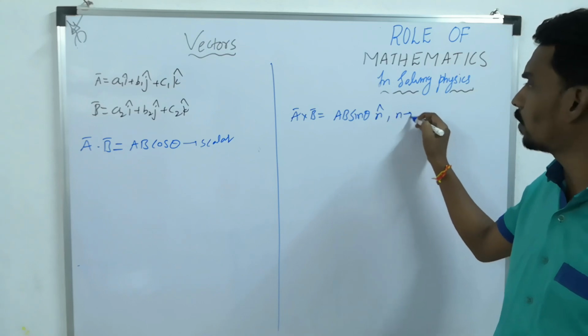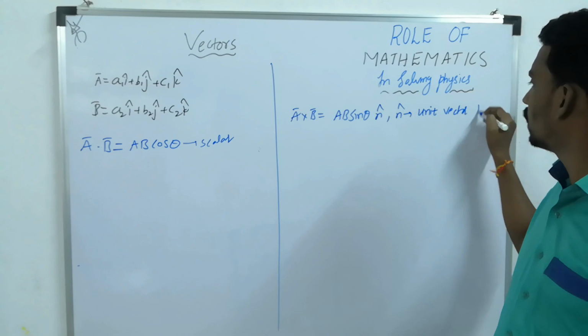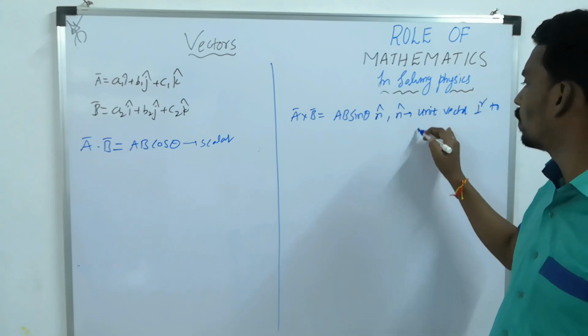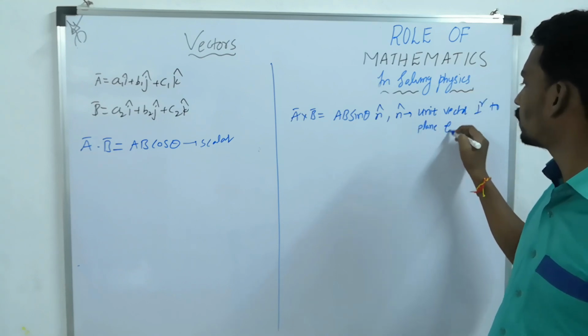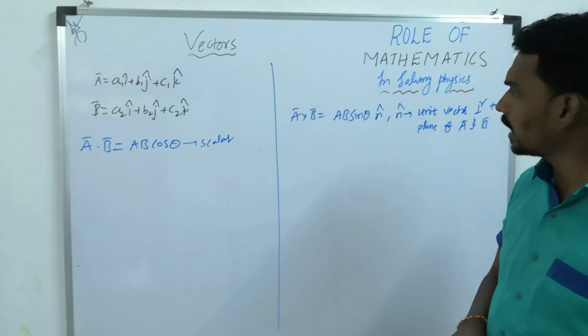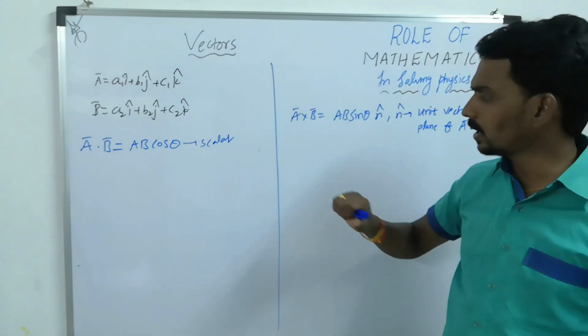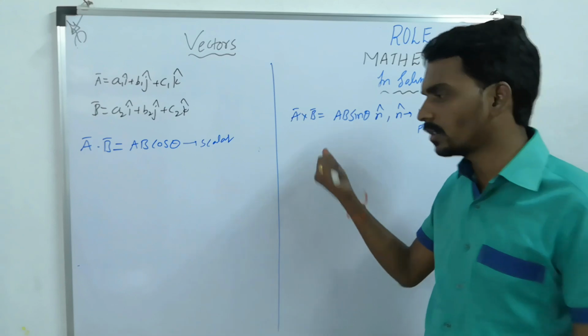So what is n cap? N cap is a unit vector perpendicular to the plane of A bar and B bar. Suppose A bar and B bar are in the plane of the board, then perpendicular to this means either outward or inward.